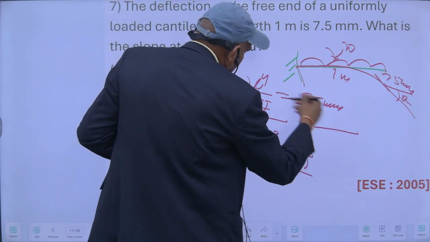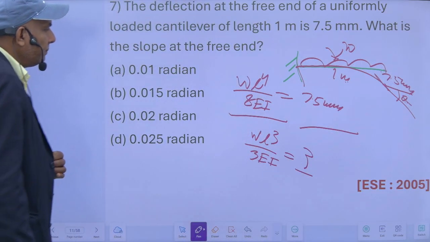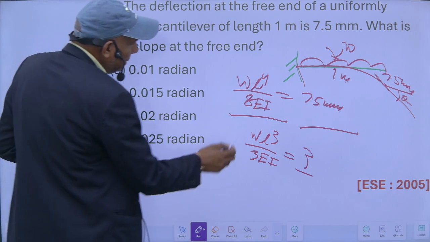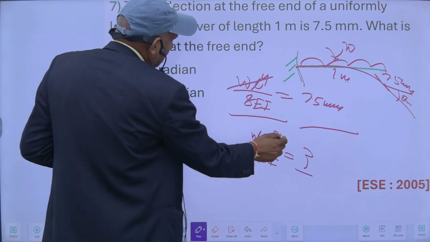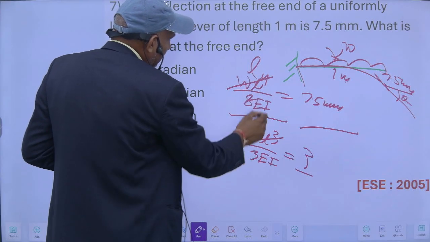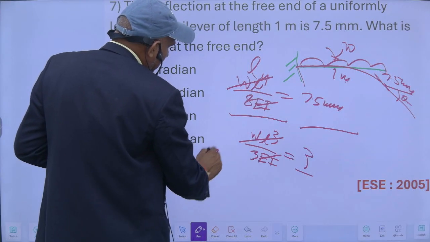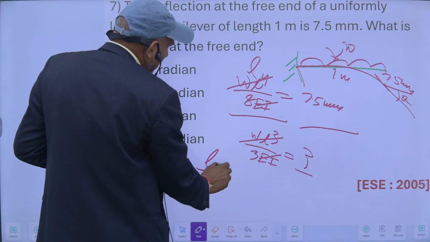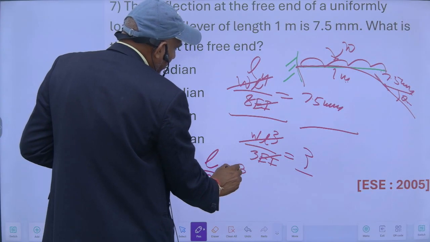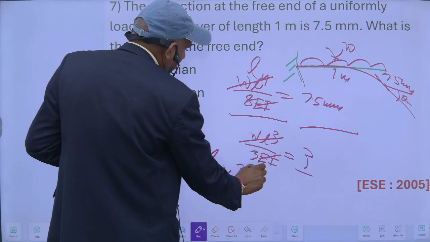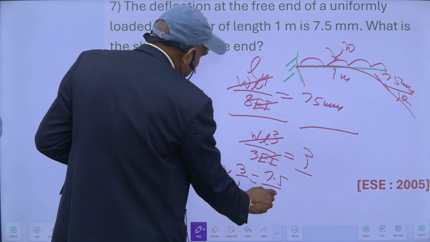Suppose I divide this by this, so it will be L upon 8 into 3 upon 1, and this will be 7.5 upon this one.